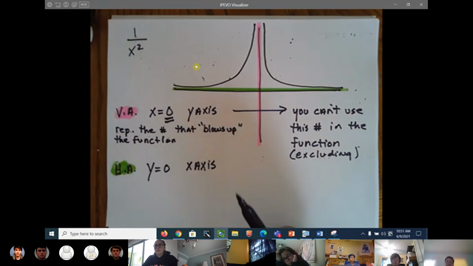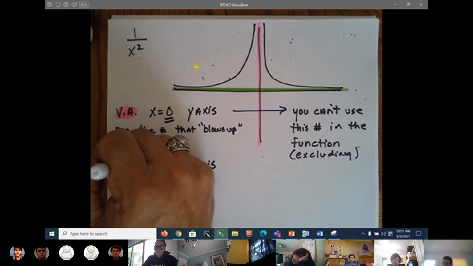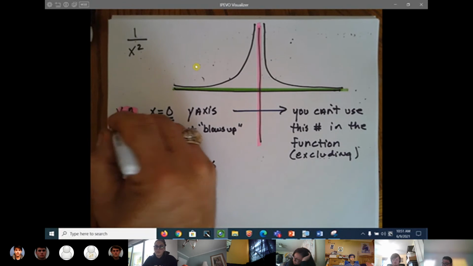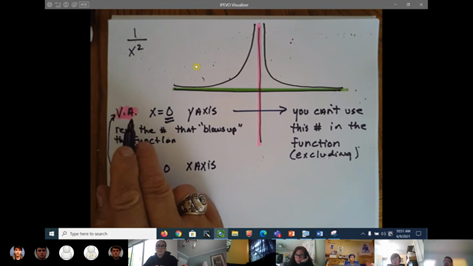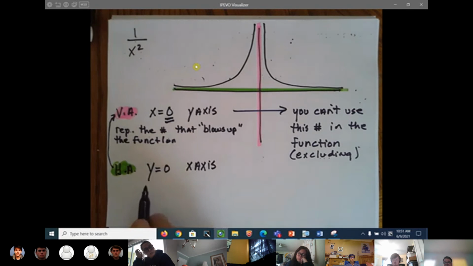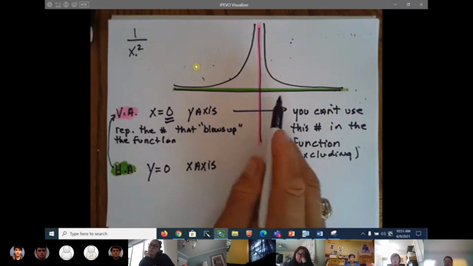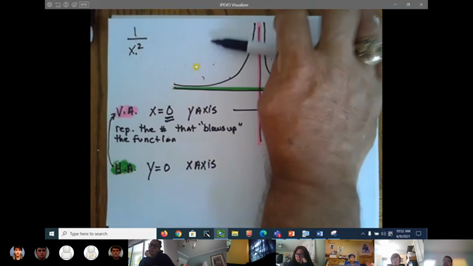It blows up. Now, what is the horizontal asymptote? The horizontal asymptote is just like the range. What does the range always feed on? The domain, right? So the horizontal asymptote always is going to feed off the what? The vertical asymptote. If I can't plug in 0 here, then my range is going to be affected because I cannot use that number, and that's going to affect my range, which is from 0 to infinity.